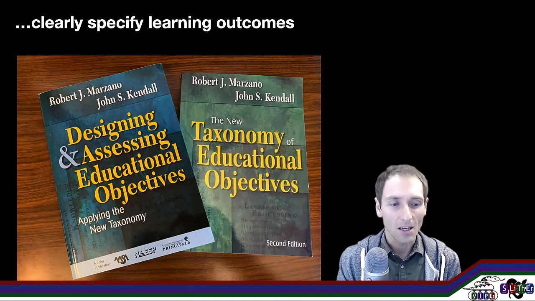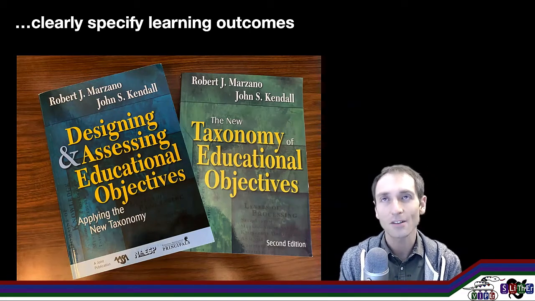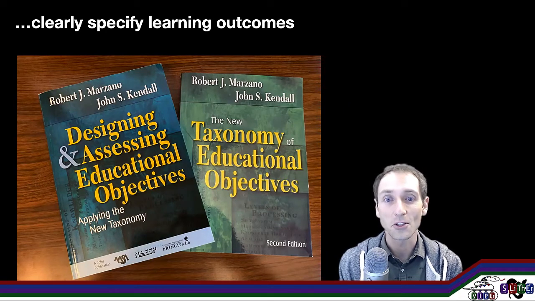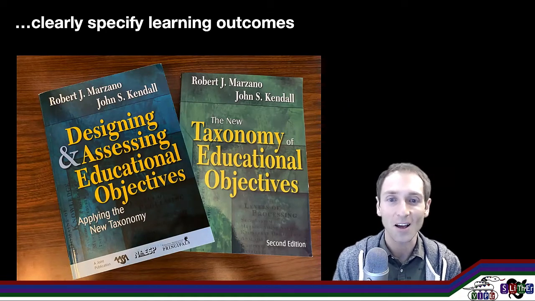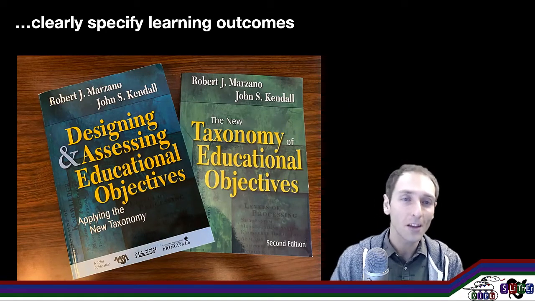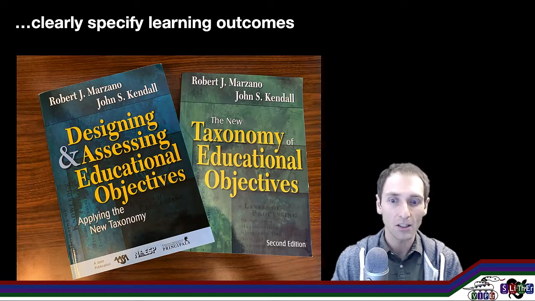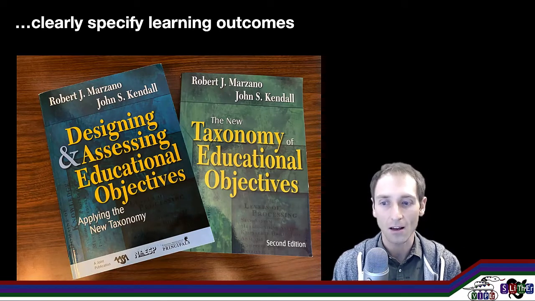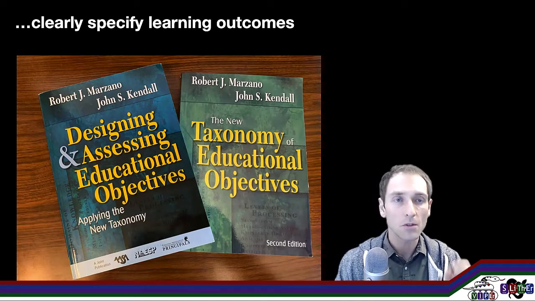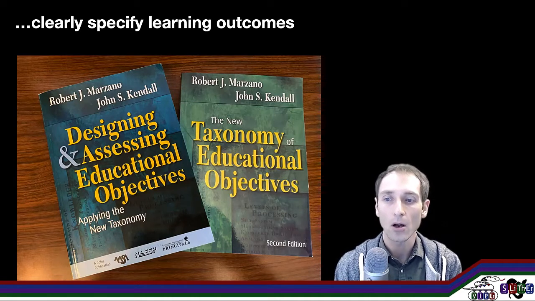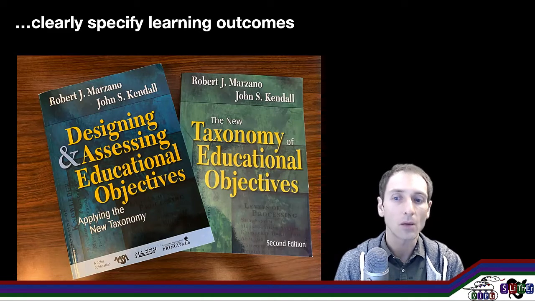Marzano's Taxonomy, these books actually end up sort of dunking on Bloom's taxonomy the whole time. I know they didn't really mean to. There are some really good things about Bloom's taxonomy, in that it was maybe the very first time when learning was highlighted as being multidimensional.